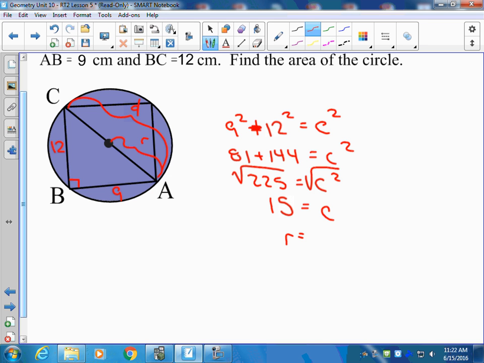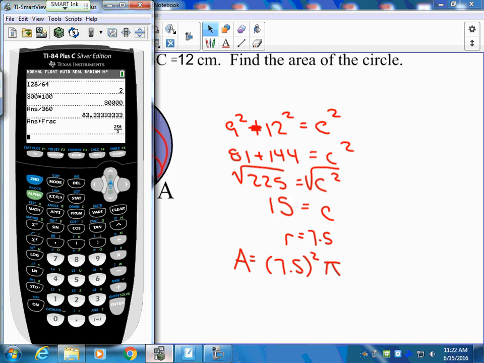So our radius is 7.5. And then to find the area of this circle, pi times radius squared to finish that up. Okay, so it's not a perfect value here, but we will use the 7.5 squared.